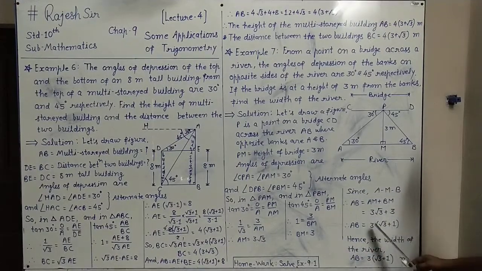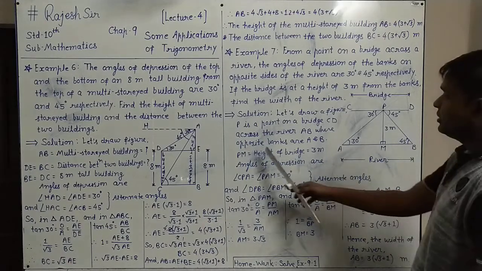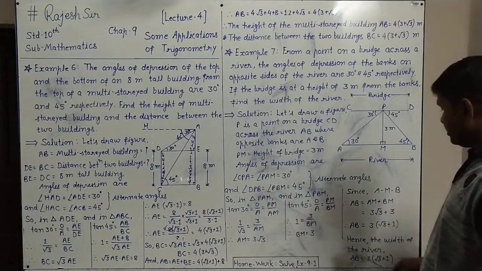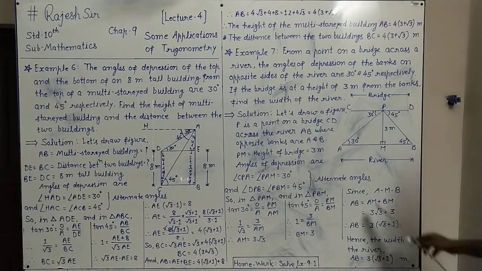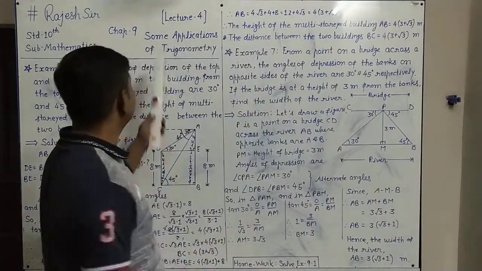From both of these, 3 is common, so here it will be remaining root 3 plus here it is remaining 1. So 3 into root 3 plus 1 gives AB. And this AB is actually the width of the river. So hence the width of the river, that is AB, equals what we have found, 3 into root 3 plus 1 meter.